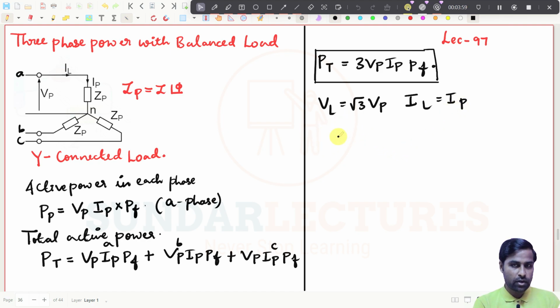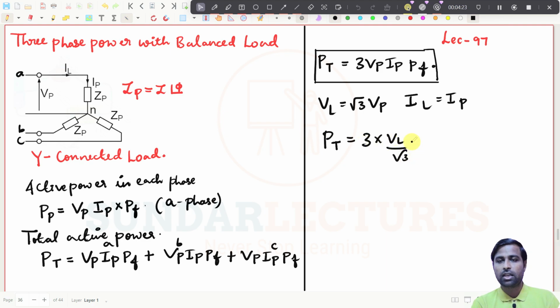For total power, you can replace V phase with VL by root 3, so it will be 3 into VL divided by root 3, into IL into power factor.